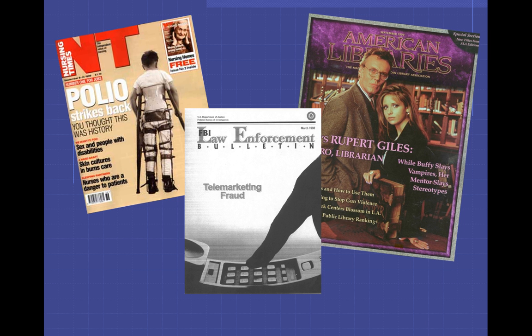If you're getting close to graduation and you want to find out what jobs are out there, you can consult a trade publication in your field and it will give you job advertisements of positions that are out there. There is a trade publication for every field, for every major on campus.